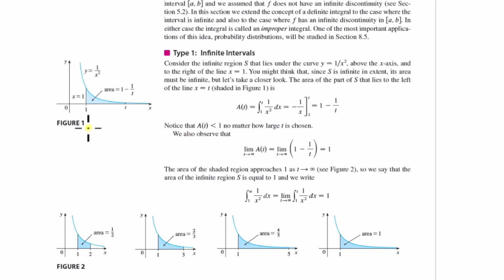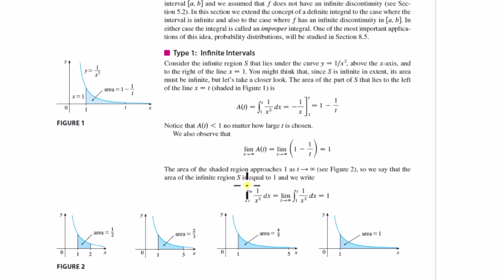And so we can think about the idea of integrating something going to infinity, and it actually equals something. The area of the shaded region approaches 1 as t goes to infinity. So we say that the area of the infinite region S is equal to 1, and it's written like this: the integral from 1 to infinity of 1 over x squared dx.